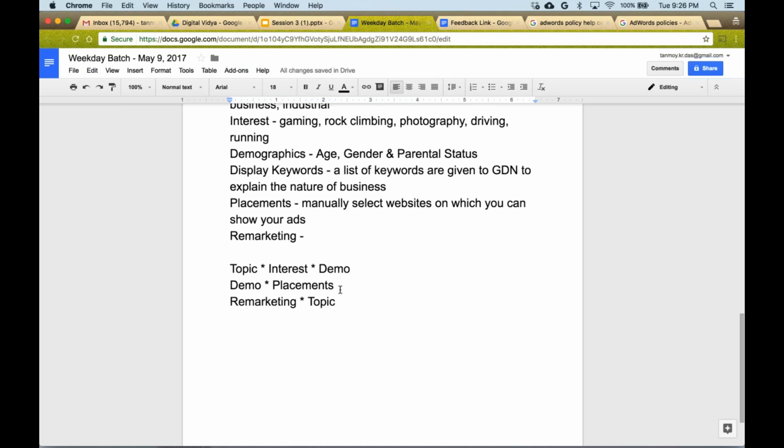All right, the reason we are talking about this particular piece is that a lot of times advertisers, when they're running their display campaigns, are trying to narrow down, because it gives us a very specific audience. Let's say for example I'm selling Nike shoes. I want a demographic which is 16 years of age and above, male and female, parents, not a parent, who are interested in sports related topics, and who are interested in running.